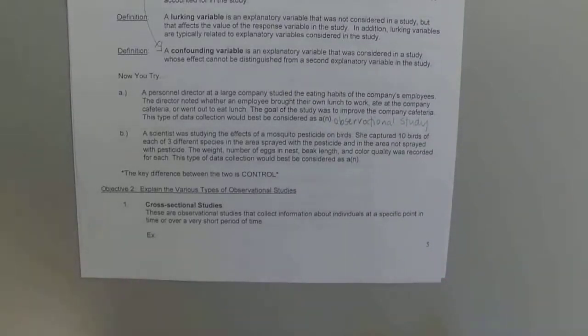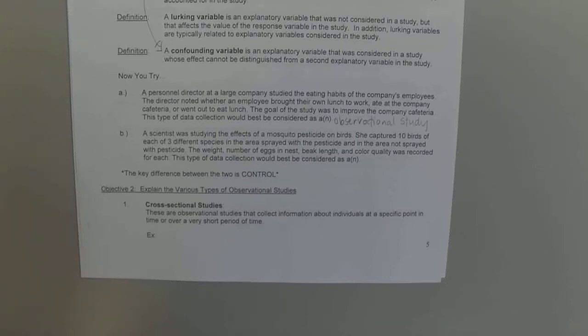The second one, process of elimination, but let's make sure we can tell. A scientist was studying the effects of a mosquito pesticide on birds. She captured 10 birds of each of 3 different species, so really 30 birds, in the area, sprayed them with pesticide, or in the area not sprayed with pesticide. So she collected some that had been in this pesticide area and some that hadn't been.